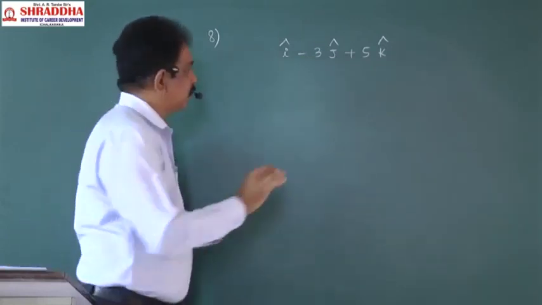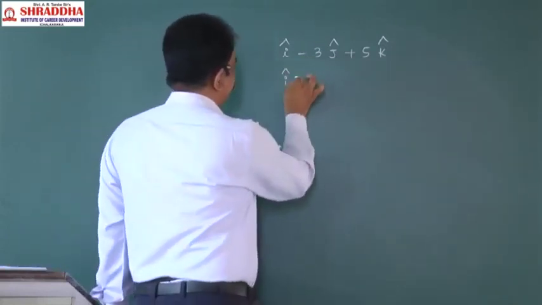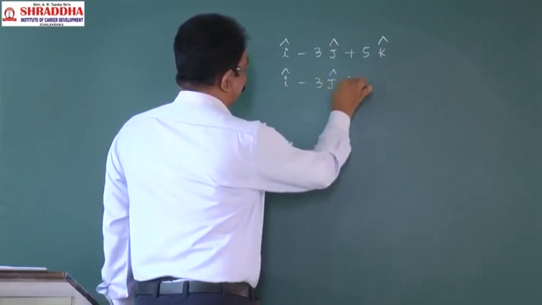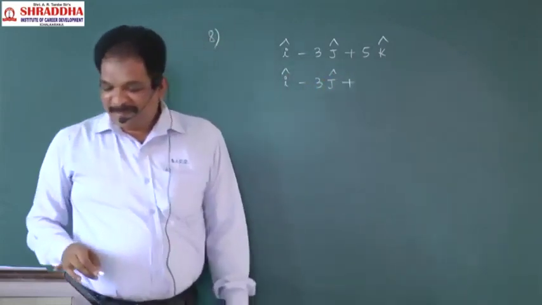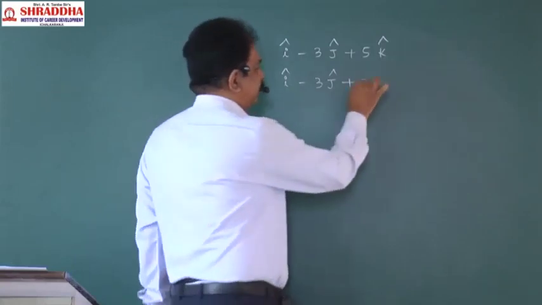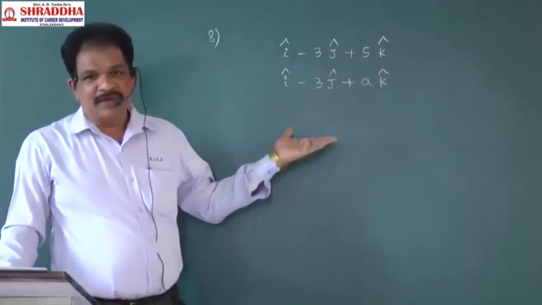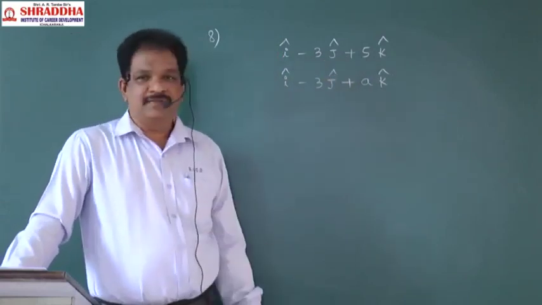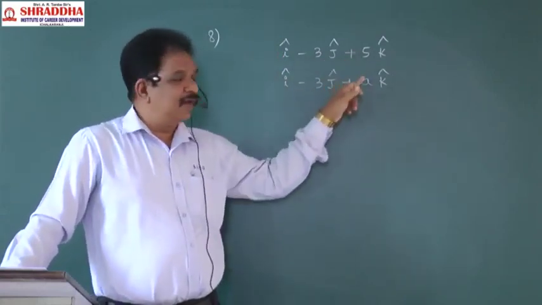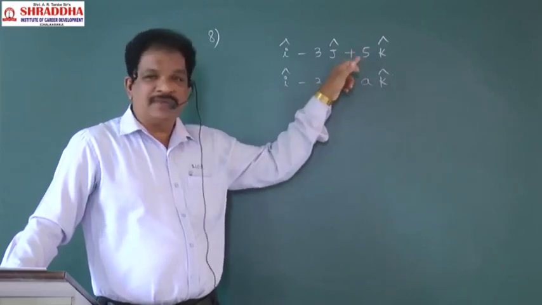Another is i cap minus 3j cap plus Ak cap. These two are equal vectors.